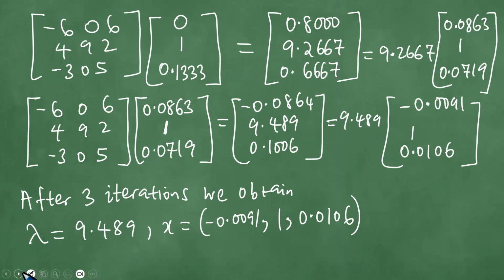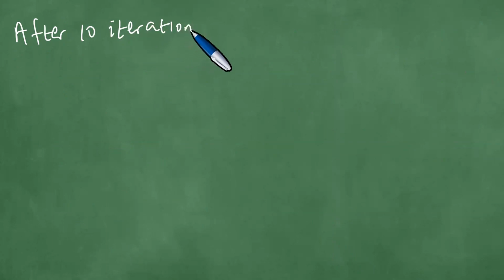Right, but I'm going to make this inference here to say after 10 iterations, which is possible to do, we obtain. Okay, we have not gone up to 10 because the method is clear.